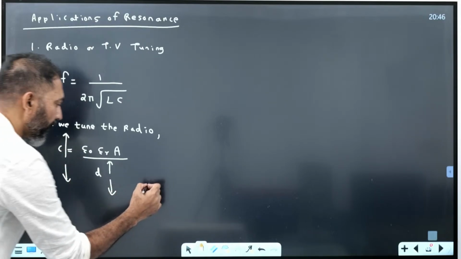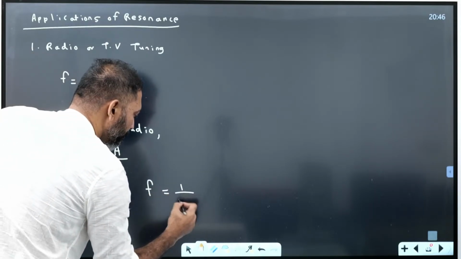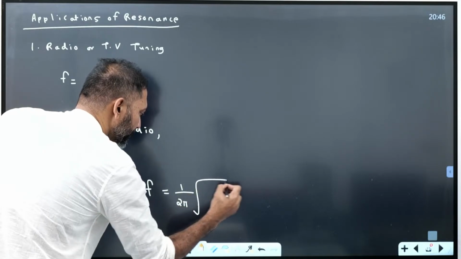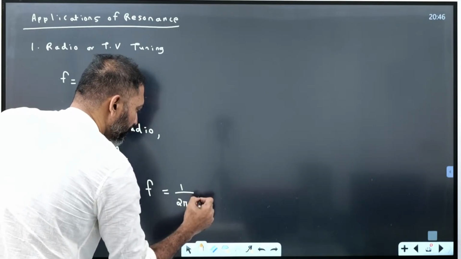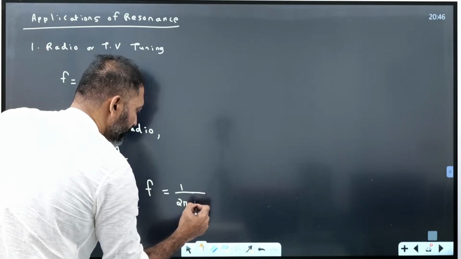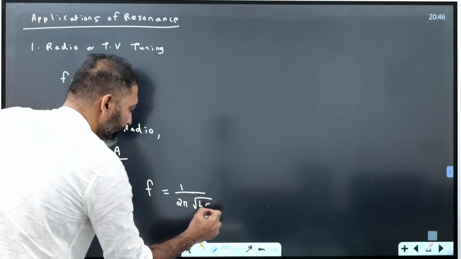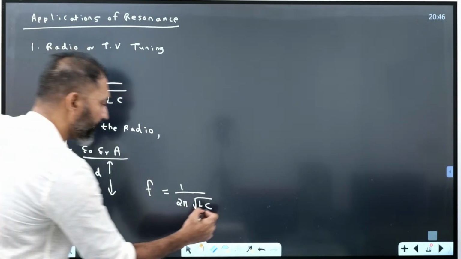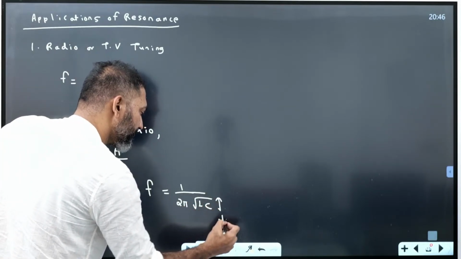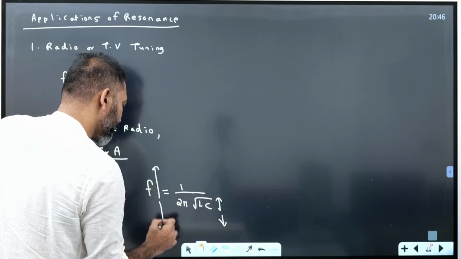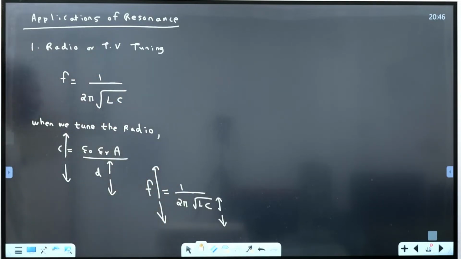We know that F equal to 1 by 2 pi root LC. When capacitance varies, what happens? Frequency varies.